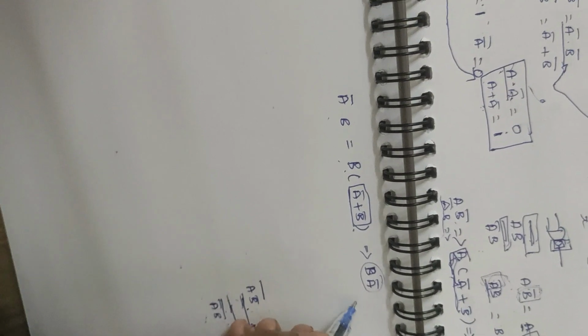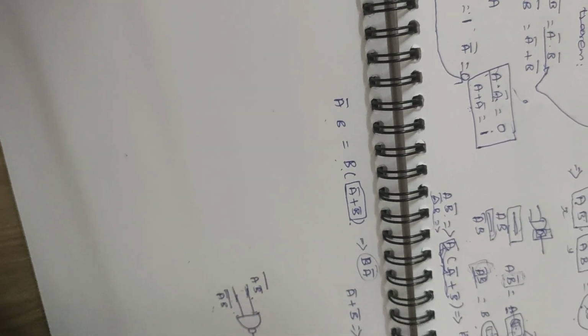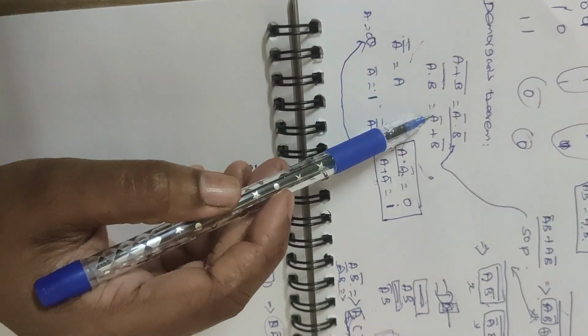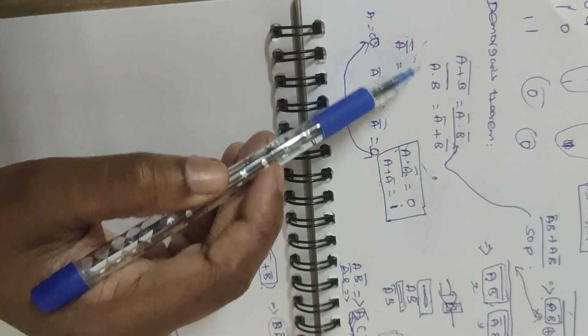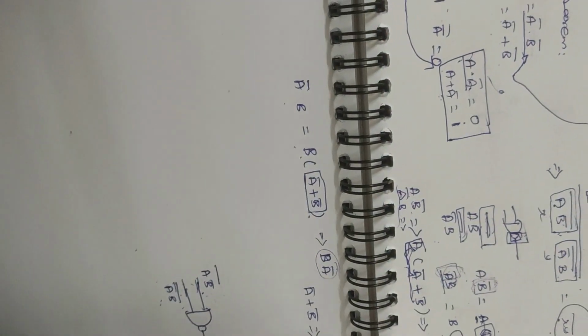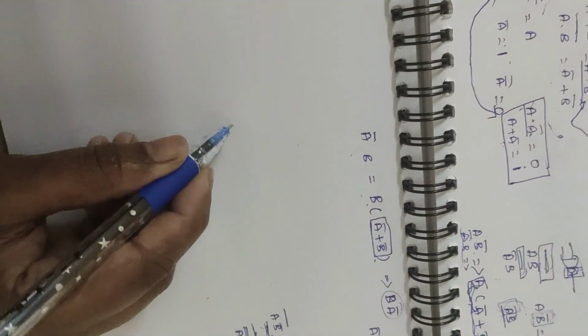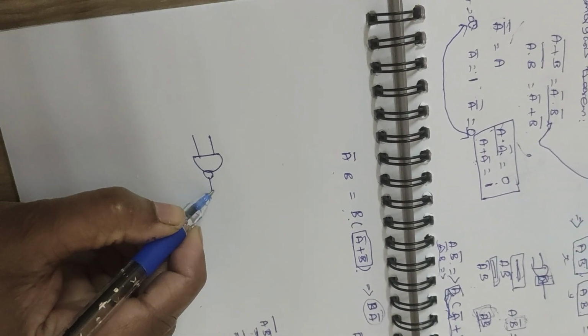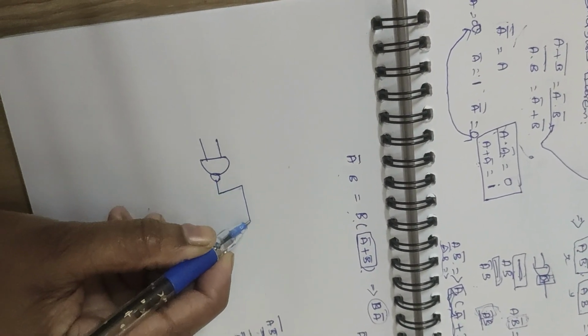A bar plus B bar is the first NAND gate we are expecting. So as per De Morgan's theorem, right? Here if you see, A bar plus B bar will be A dot B the whole bar. So the first NAND gate will be A bar plus B bar, so that is A B the whole bar.